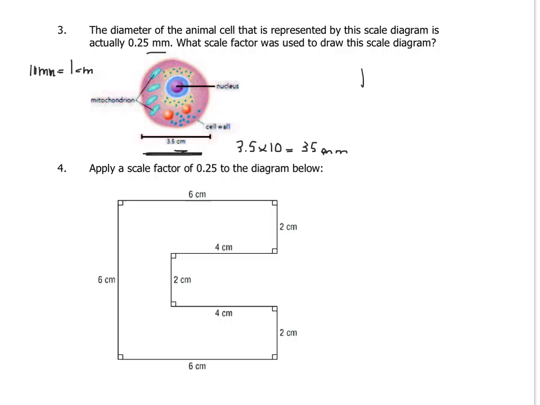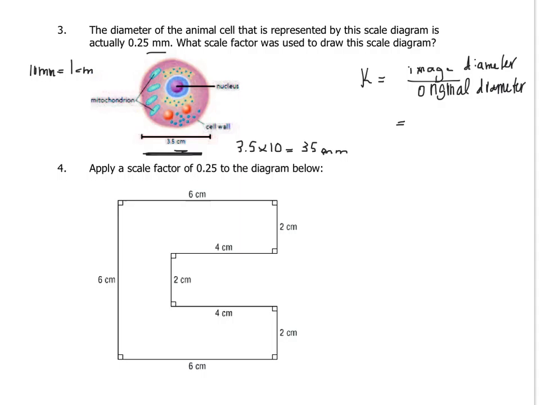So our K would be the image over the original length again. This time we have the image diameter over the original diameter.